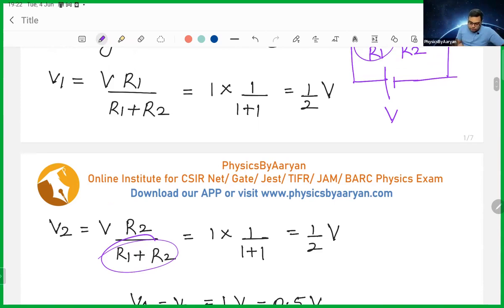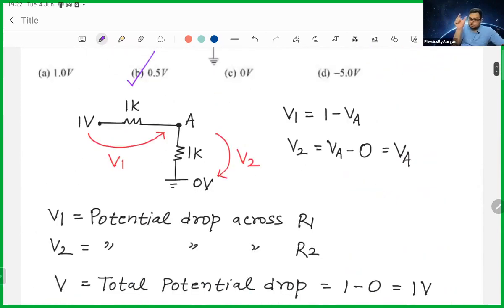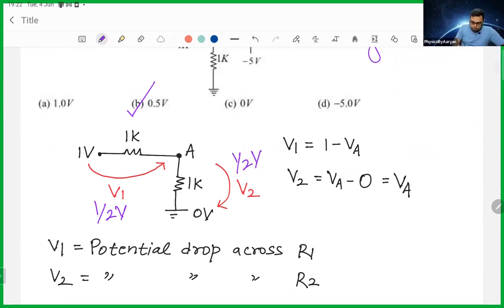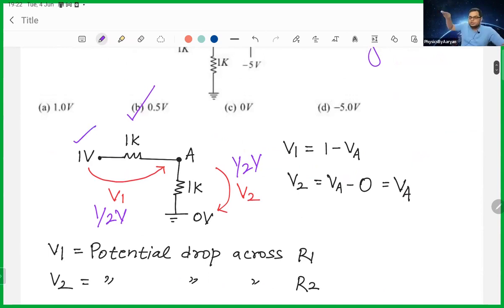Out of the total 1 volt, half volt is dropped here and half volt is dropped here. So if you start from 1 volt and pass through resistor number 1, half voltage is gone and you are left with this half. Then you pass through the second resistor, again the half is gone and you are left with 0.